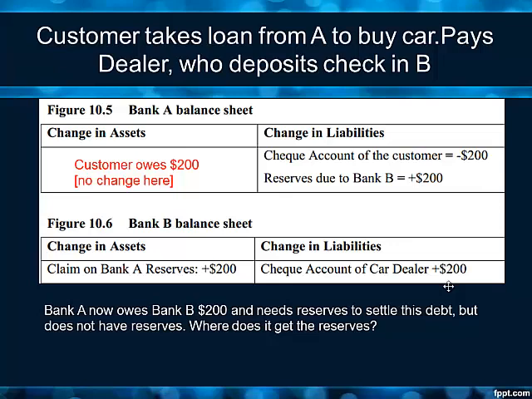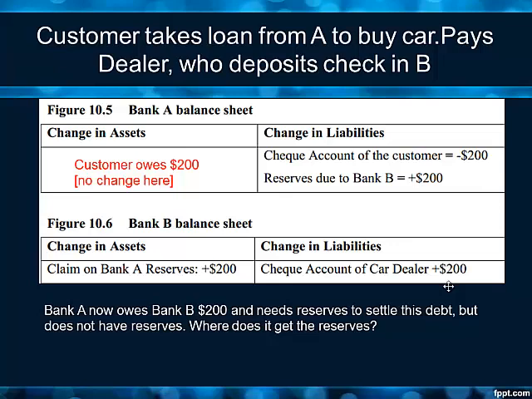At first, the customer took a loan from A. At the second step, he used that loan to buy the car. He paid the dealer the $200 that he had borrowed from me, which was only in my checking account at the moment. He wrote a check on the account to the dealer, and the dealer deposited the check in bank B. So now what happens to the balance sheets?